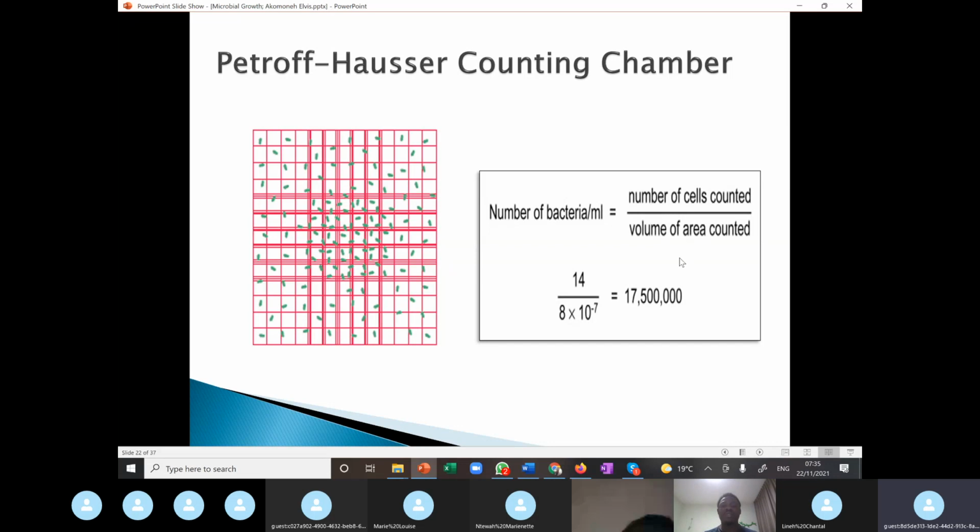It is not of interest in your scope, but what you need to know is you use a specially designed grid, the Petroff-Hausser counting chamber. You apply the sample on it, you take the grid under the microscope, and then you count the cells, and you report by dividing the number of counted cells by the volume of the area counted. As I indicated, there's a way to get this volume.